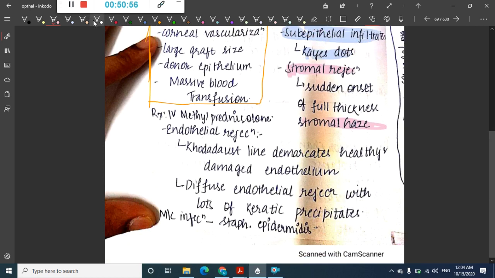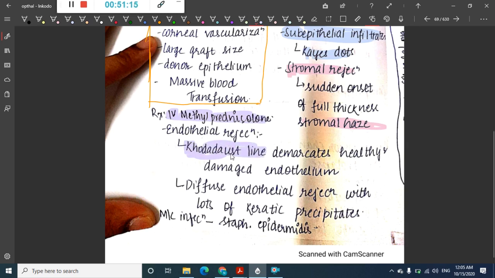Then how are you going to treat it? For this patient we give IV methylprednisolone. In endothelial rejection we have something called the Khodadoust line.